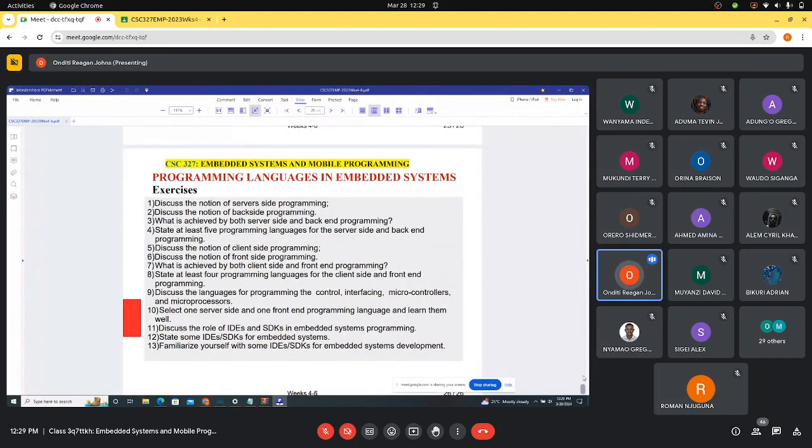So discuss languages for programming, control, and interfacing microcontrollers and microprocessors, which we have actually seen during this class. Select one server-side and one front-end programming language and learn them well. Remember, I was asking those who are interested in Ruby and Rails, they need to do it well.